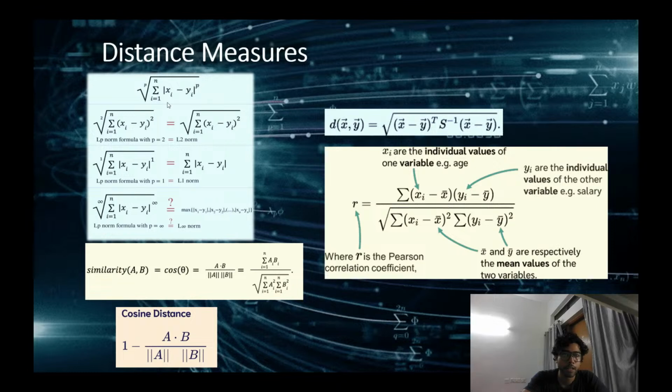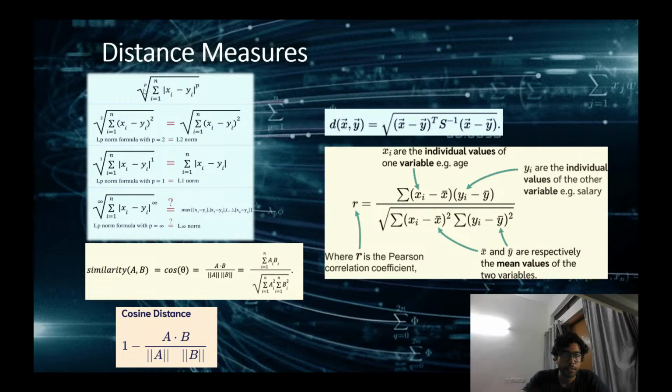If you are trying to calculate the distance between 2 points, xi and yi, what you do is take xi minus yi whole to the power p, sum over all the dimensions, and take the pth root of that.